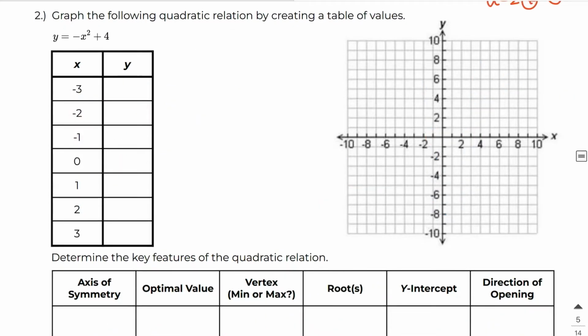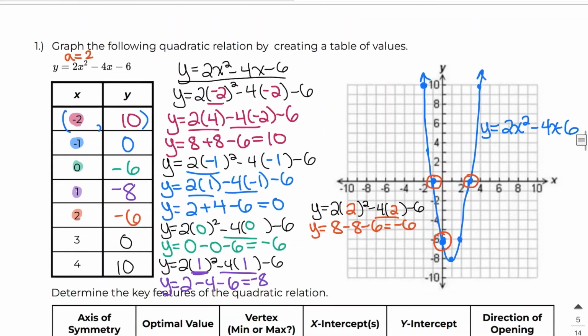All right, in our next one, it says graph the following quadratic relation by creating a table of values again. So here, my first value that we see here is -3. So the exact same idea, I'm going to say y equals negative. Now listen very carefully to what I'm about to say here, because this is where people will mess up. So if I have a negative number that is being squared, like for example up here, I had this -2 being squared.